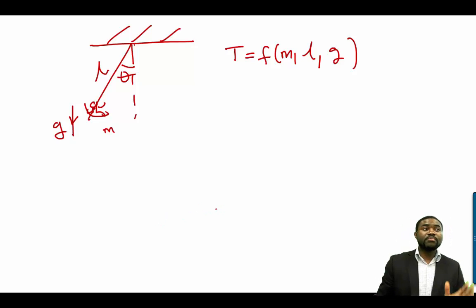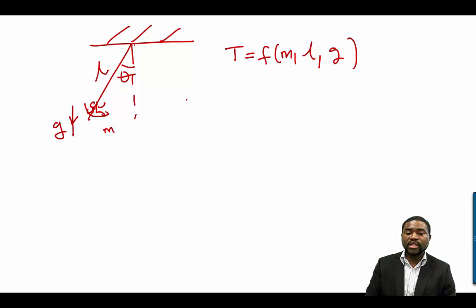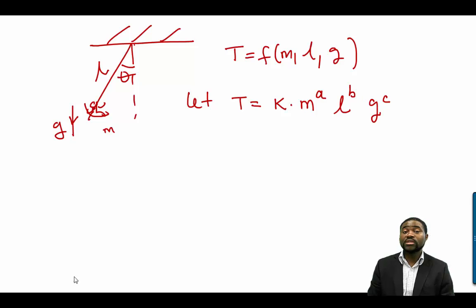We follow the same procedure. We will start first by saying that let t be equal to a constant as usual, multiplied by m raised to the power a, multiplied by l raised to the power b, multiplied by g raised to the power c.